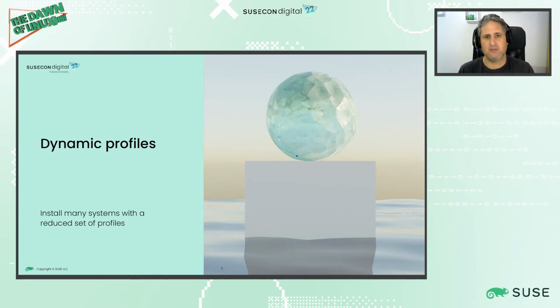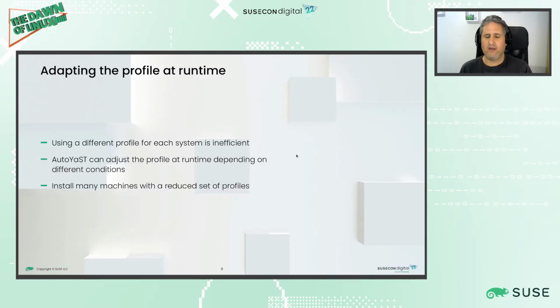Now let's jump into dynamic profiles. If you have to install several machines, writing one profile for each of them can be rather inefficient. If all the machines are exactly the same, if all of them have the same capabilities and so on, you can just use a single profile.